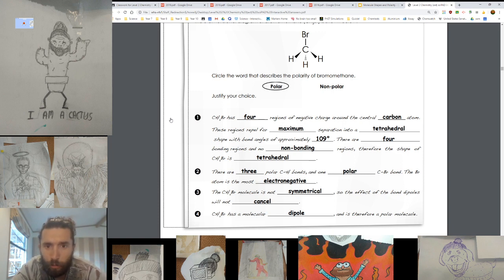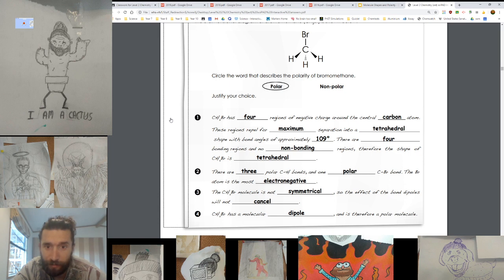There are 3 polar CH bonds and 1 polar CBr bond. The Br atom is the most electronegative. So for this question, the way they want you to answer it is to identify all of the polar bonds, which you definitely should do.